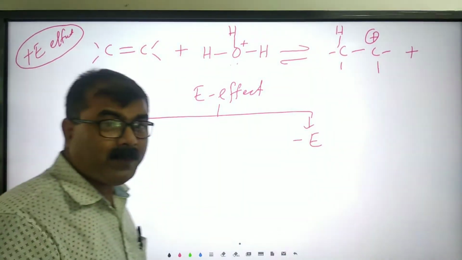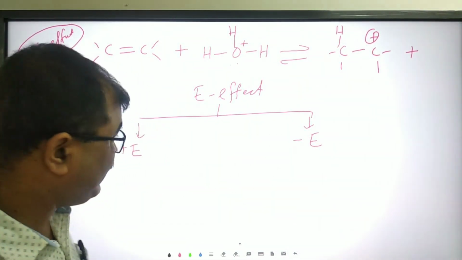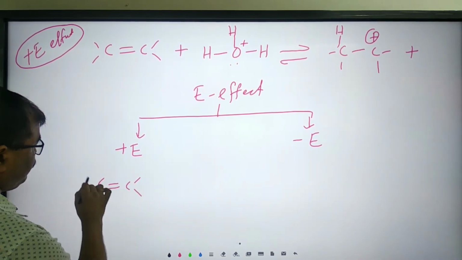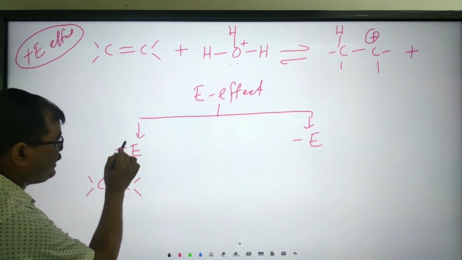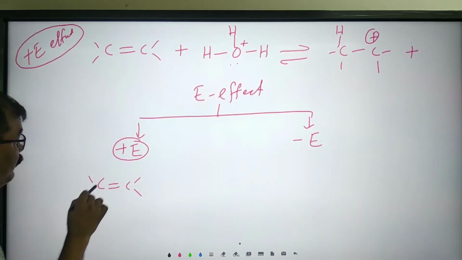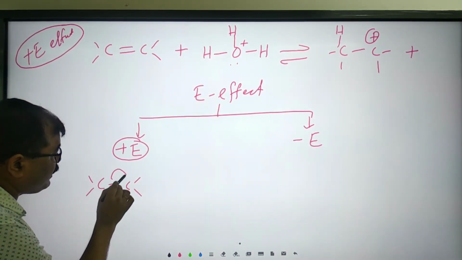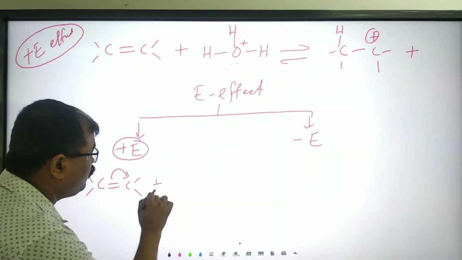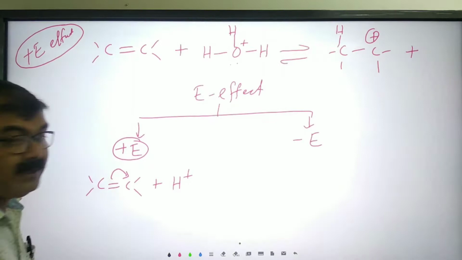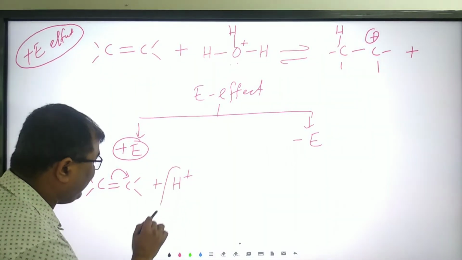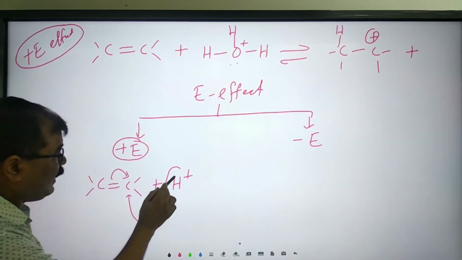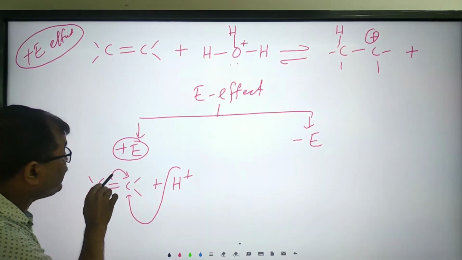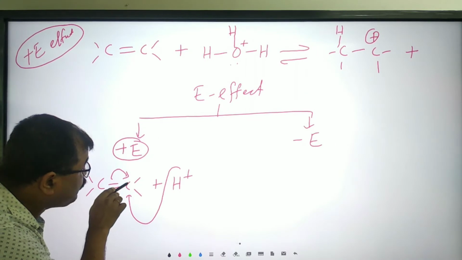So what is the difference between plus E effect and minus E effect? In plus E effect, transfer of pi electrons will take place to that carbon atom to which the attacking reagent attaches. Suppose the attacking reagent attaches here, transfer of pi electrons will take place to this carbon.